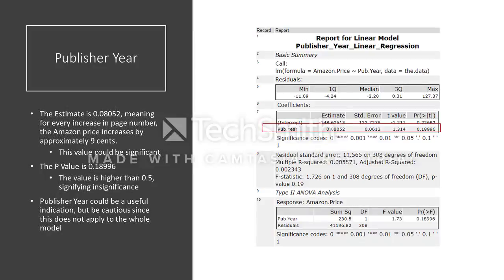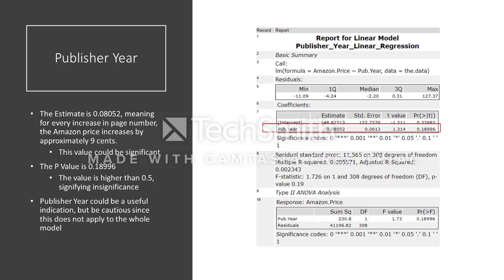Another relationship we can look at is the relationship between the publishing year and the Amazon price. On the right is a snapshot of the results we got when running a linear regression. The estimate for this regression is 0.08052, meaning that for every increase in year, the Amazon price increases by approximately 9 cents, which means that this value could be significant.